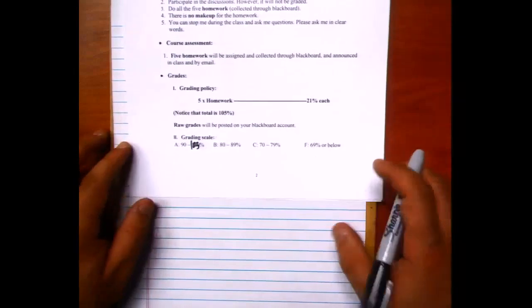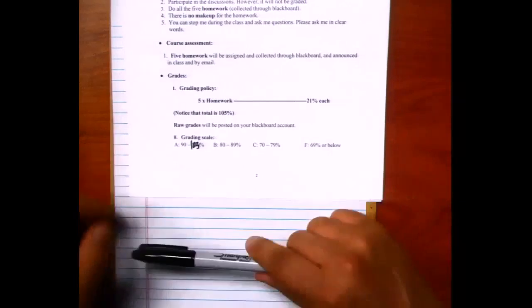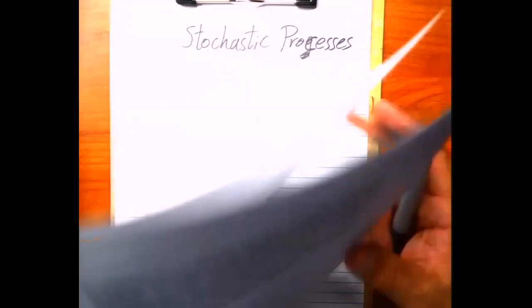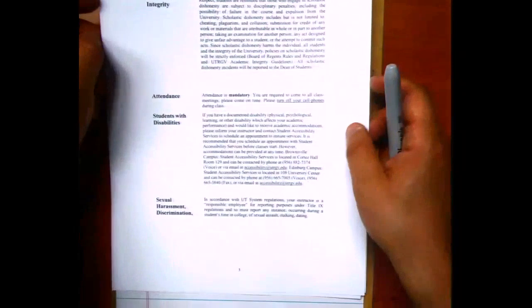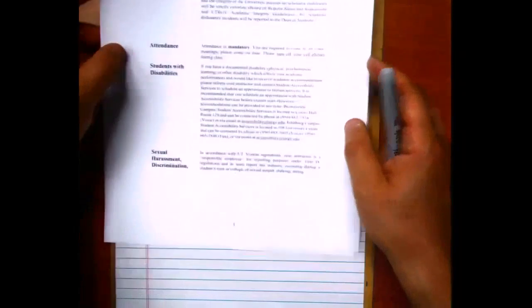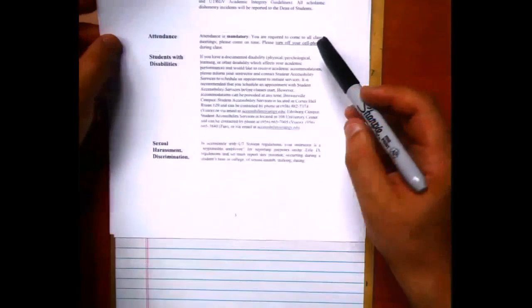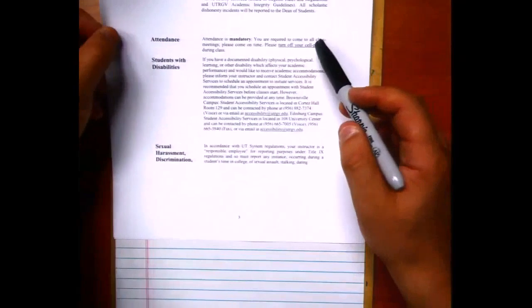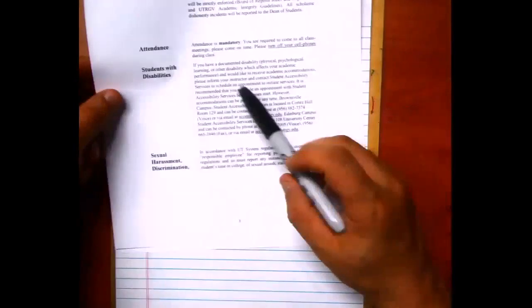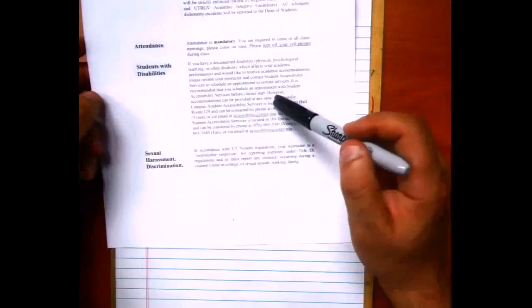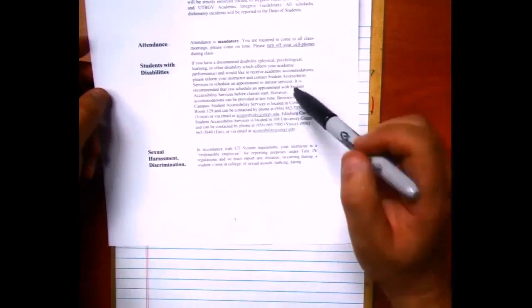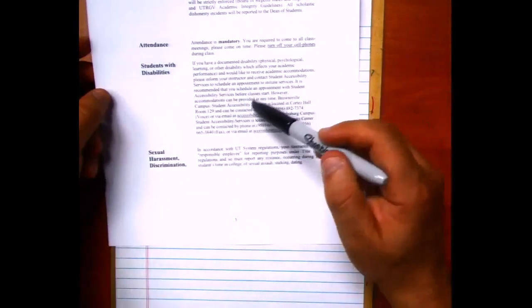We'll have only 5 homeworks, and of course we all have to observe scholastic integrity, honesty, integrity, respect. Attendance for on-site is mandatory. So we are missing one now. If you have any disabilities, any questions, any concerns, please let me know so we can arrange for accessibility.